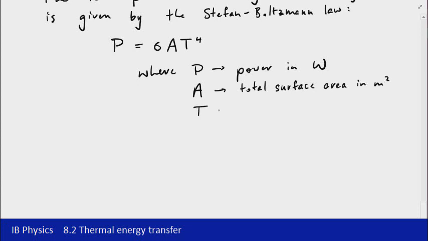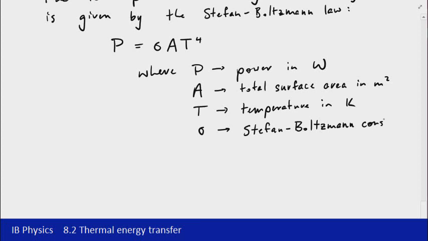T is the temperature in Kelvin, and the last quantity there, sigma, is known as the Stefan-Boltzmann constant, and that value is given to you in the data booklet.